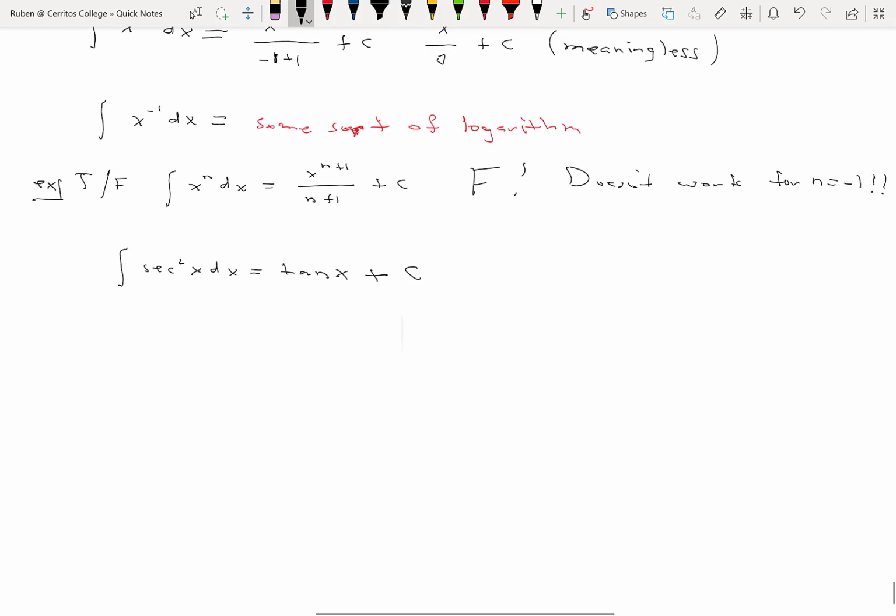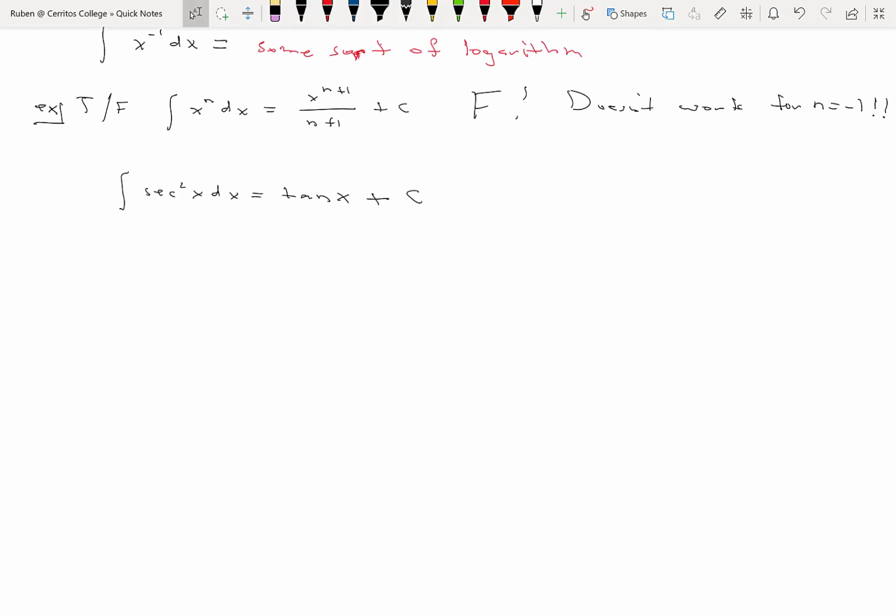But let's move on. Once we have that idea, what is the antiderivative then of tangent? If you were careless about this, you might say secant squared, and that's absolutely false. The derivative of tangent is secant squared. The antiderivative of tangent is not secant squared.